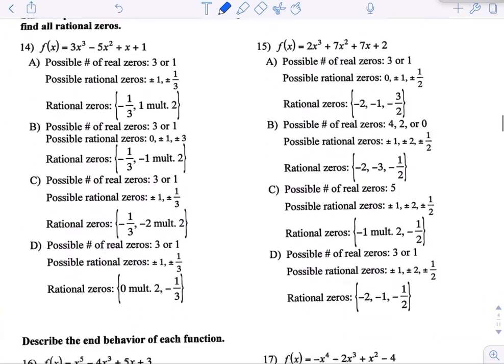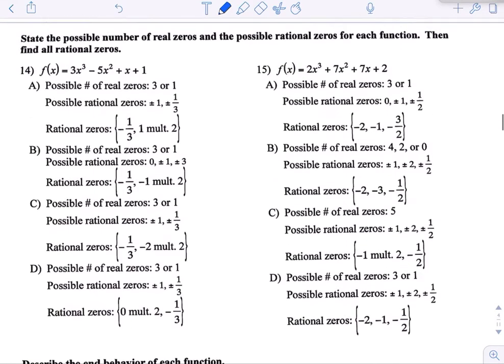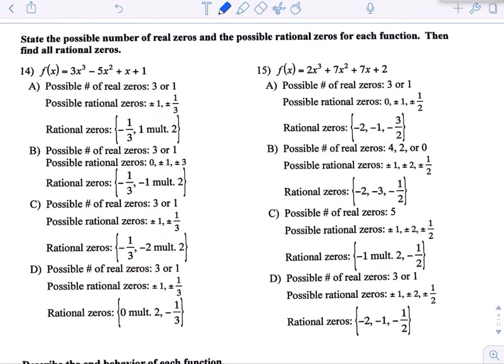All right, moving on. Okay, 14. So, one thing to notice is for these, it's always good to find your guys' possible rational zeros. That's your P over Q list. So, this is your guys' P, and this is your guys' Q. So, P over Q is equal to, okay, the factors of P is plus or minus 1.